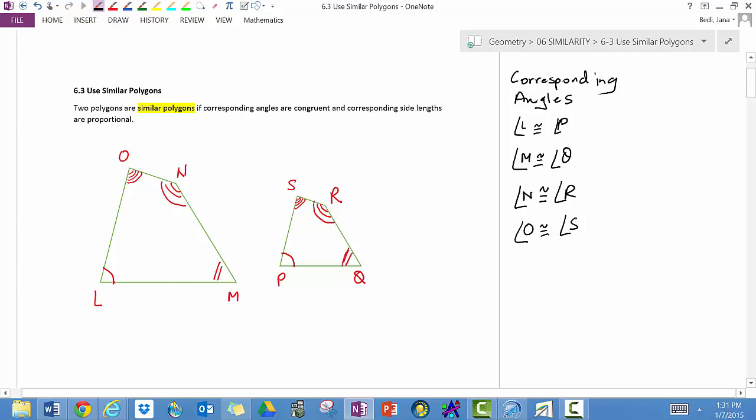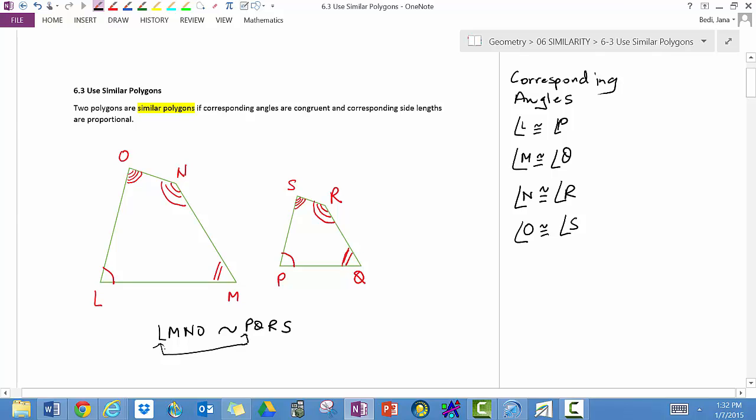And to denote that they are similar, the statement that we write is that L, M, N, O is similar to, it's a sideways S, to P, Q, R, S. Note that in this similarity statement, the corresponding angles are in the same position. So L is congruent to P.